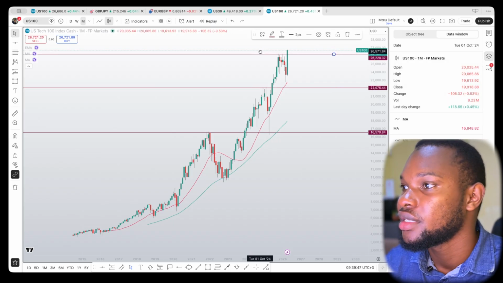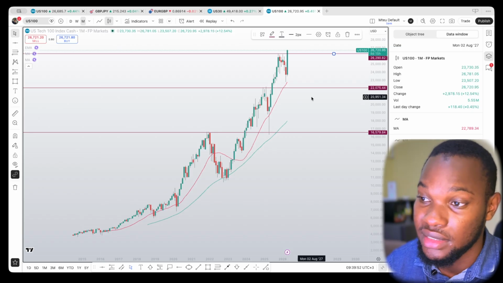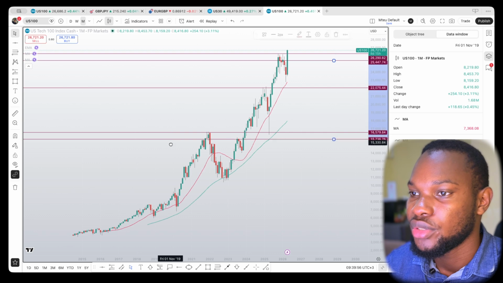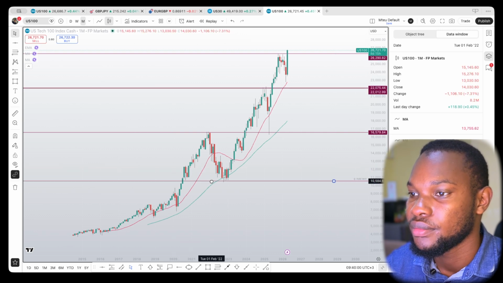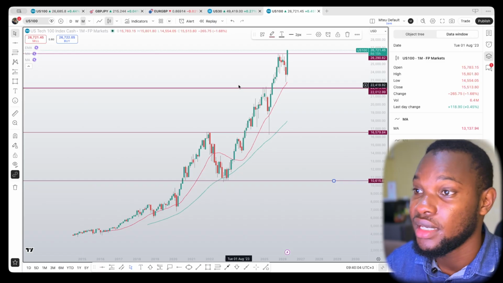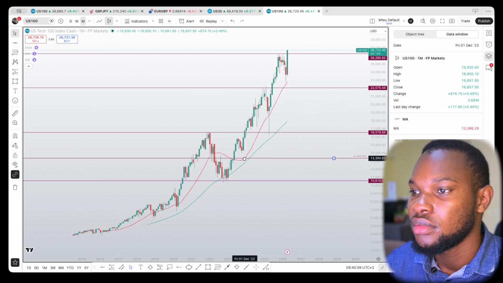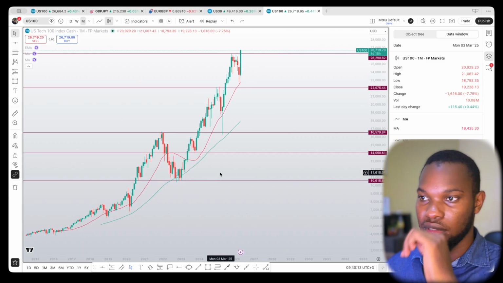We also have 22,000 as a good key level. Here, around 26,800 is also a good key level. And 10,000 is a good key level. There are two of them here. Somewhere around 14,000 is also a good key level.